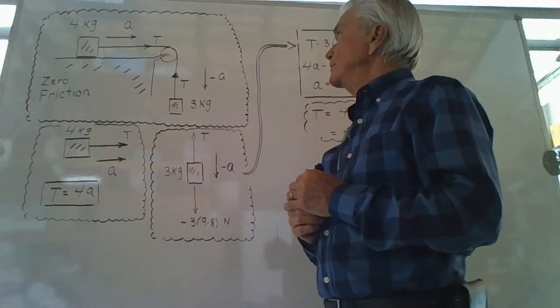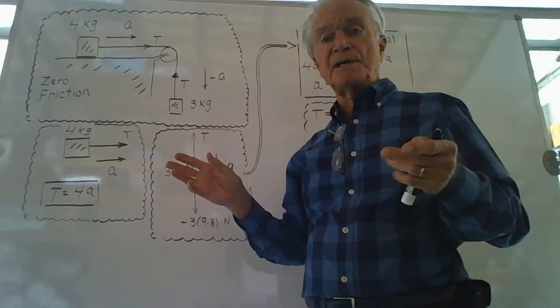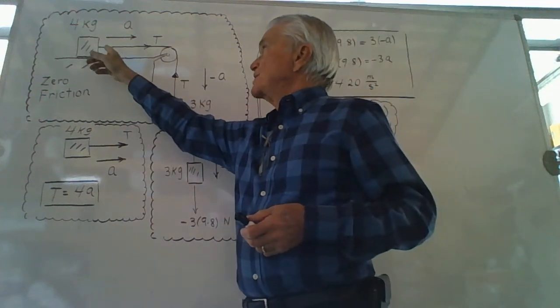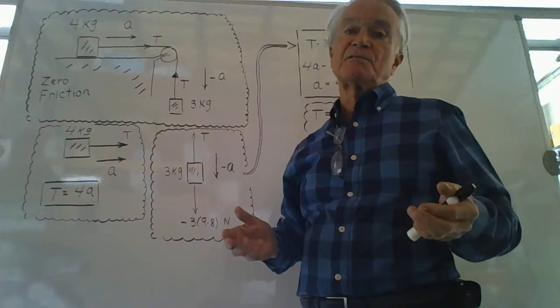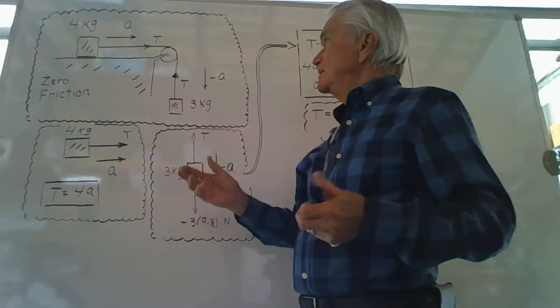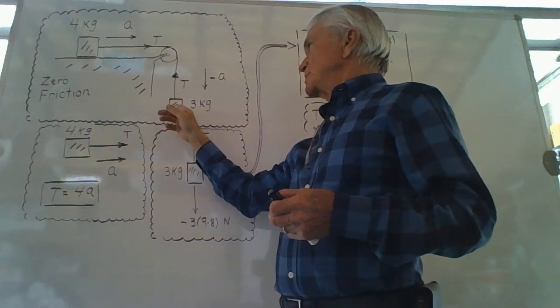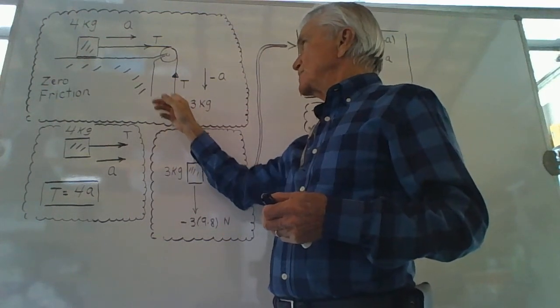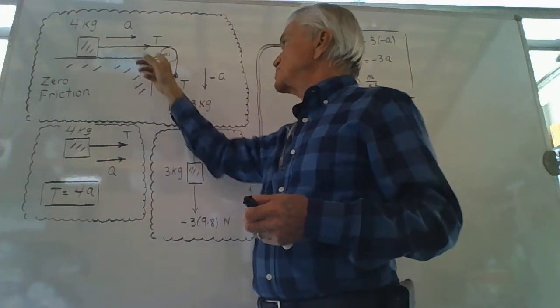Well, the system, the pair of objects, is accelerating. The block is sliding to the right in the positive direction. It has a positive acceleration. Whatever the speed of the block is there at any moment, it's the same as the speed of that block.